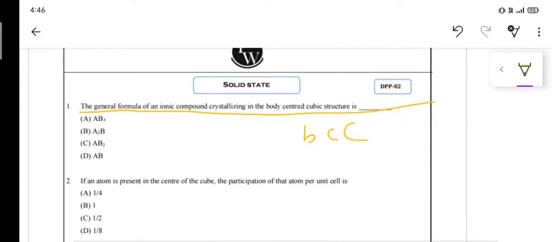The general formula of an ionic compound crystallizing in the body centered cubic structure.